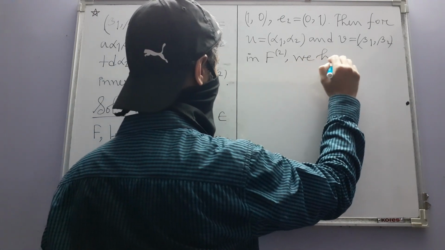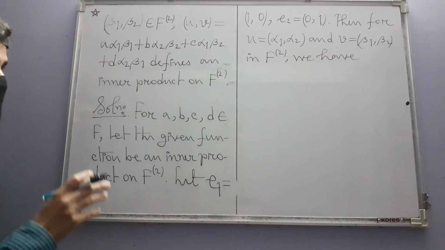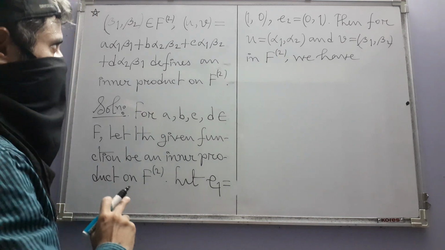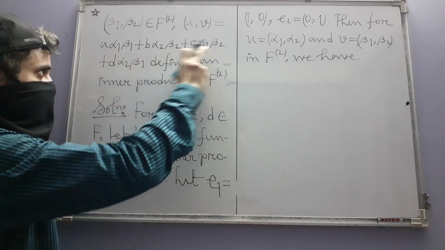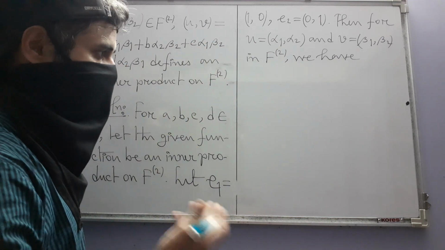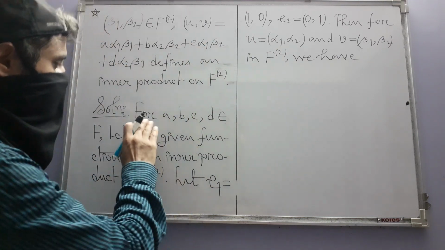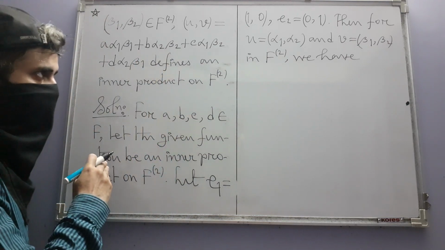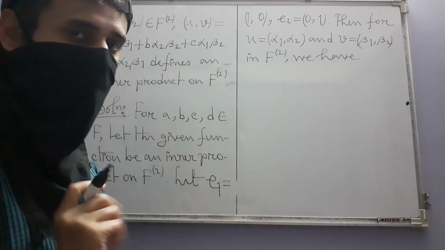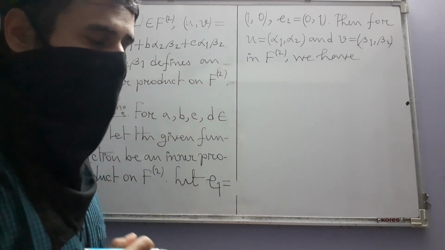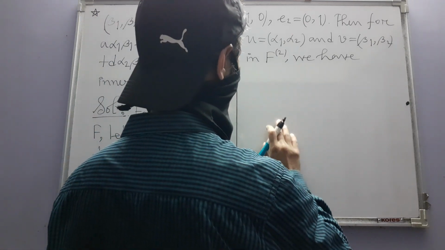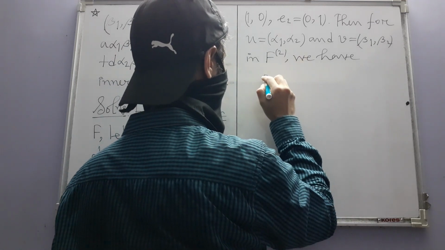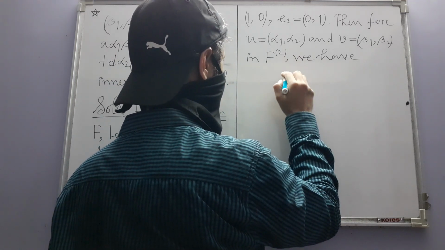Okay, so now we are going to calculate the inner product of u and v, not using this formula but using the axioms for an inner product, because our assumption now is that it is an inner product. So that means we can apply all the axioms that are there in the definition of an inner product. So if we try to calculate the inner product of u and v, what do we get? We then get this.